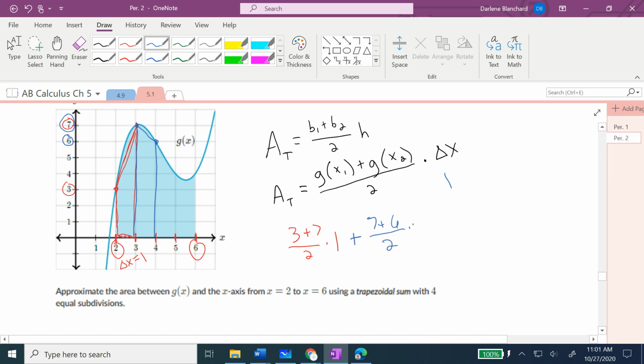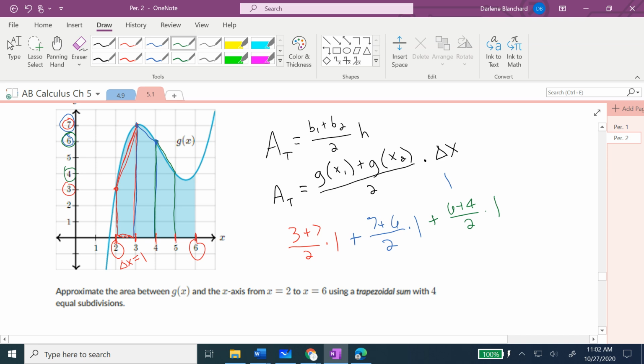Add them, divide by 2, multiply by the height. And I'll go a little bit faster now. So I've got trapezoid number 3. One of the bases is length 6. The other base is length 4. I add 6 plus 4, divide by 2, and multiply by the height.